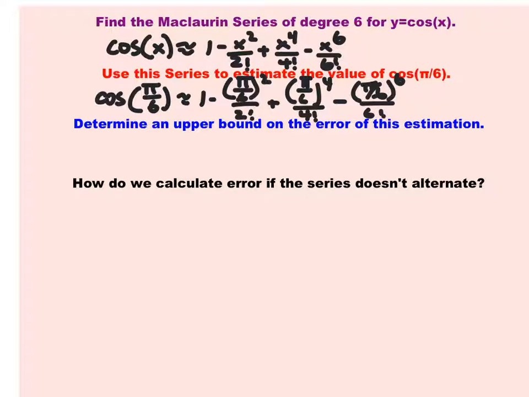And of course we'd use our calculator here. And what we get here for an estimate is 0.866. Now it goes out a little bit further, but I'm going to stop there.